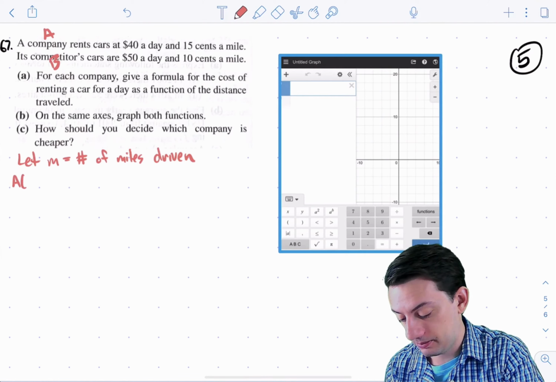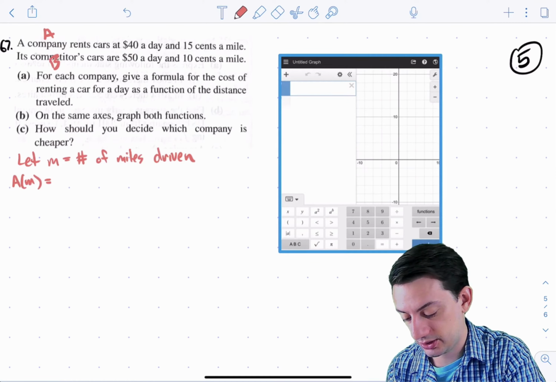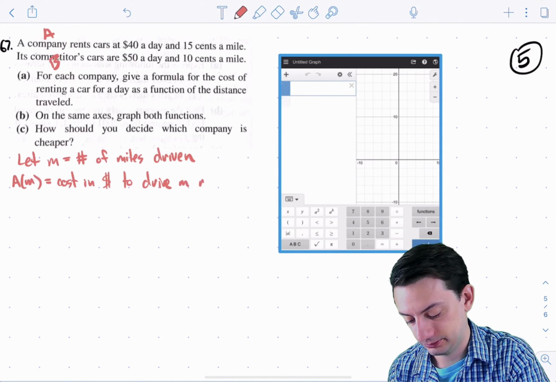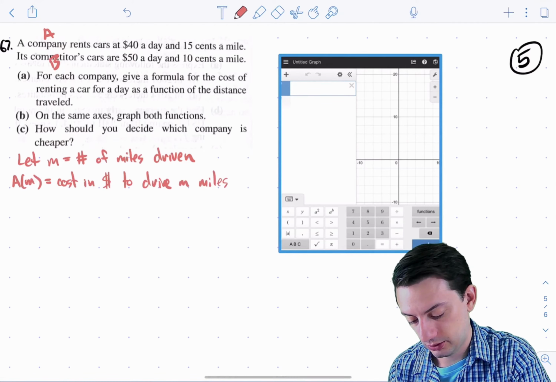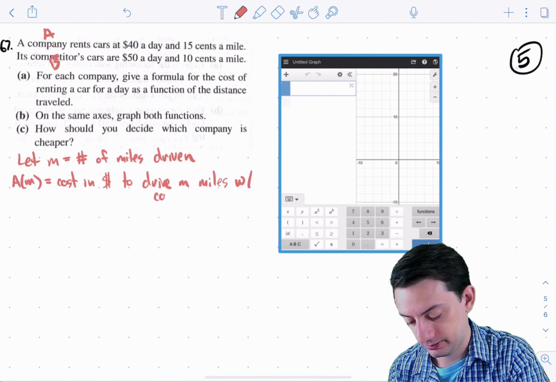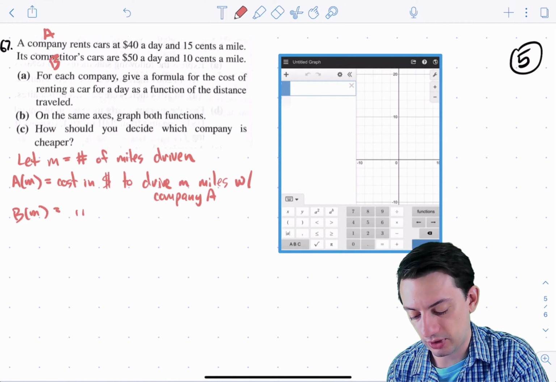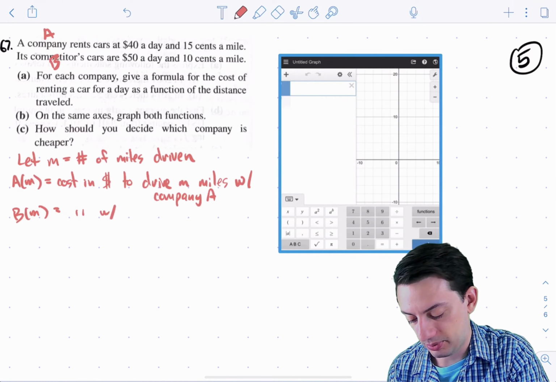Let's say A of M is the cost in dollars to drive M miles with Company A. And let's say B of M is the same thing, the cost in dollars to drive M miles with Company B.